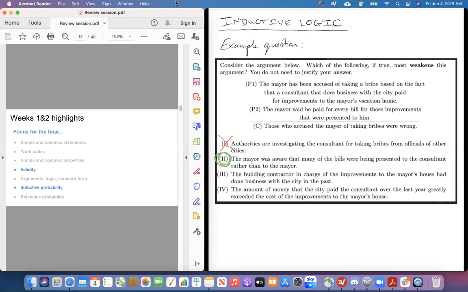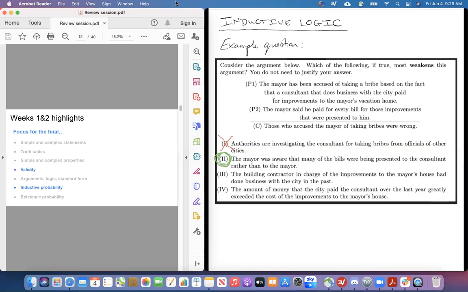The mayor can say, I paid for everything that was presented to me, but if he knew that hardly anything was being presented to him, that doesn't really tell us much. So let's think about why 3 and 4 are wrong, given that 2 is the correct answer here.